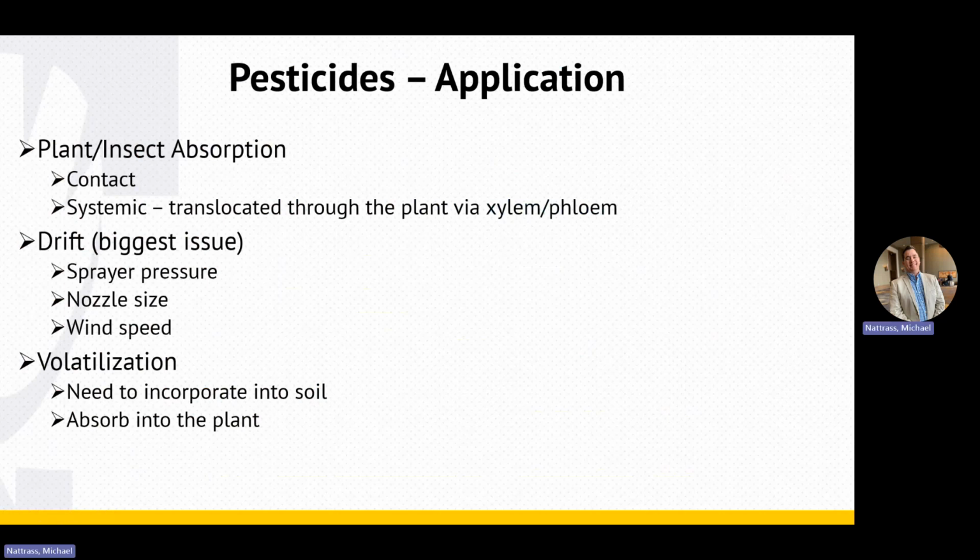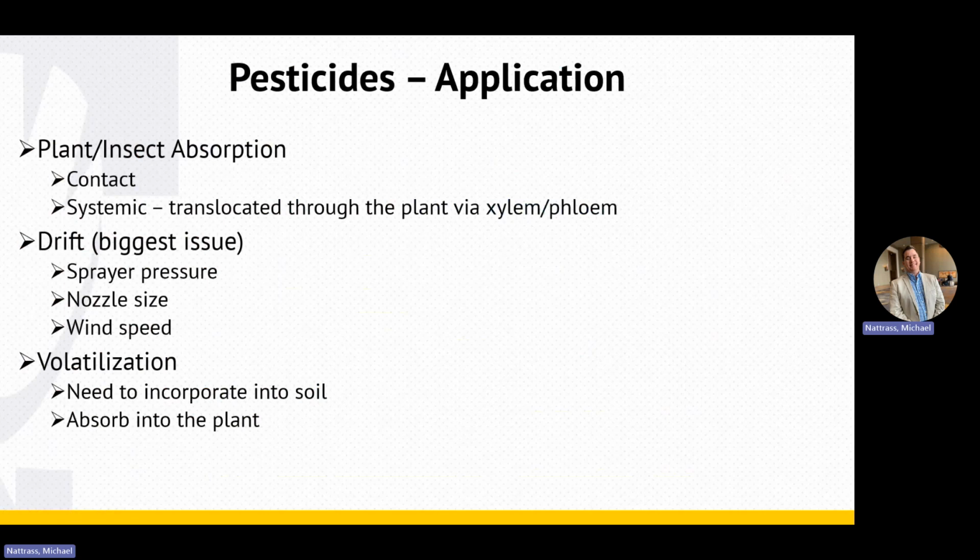When we think about the way that we're going to actually get rid of this, we have absorption, or the way that the chemical attacks or kills this plant or insect problem. And so we have contact.